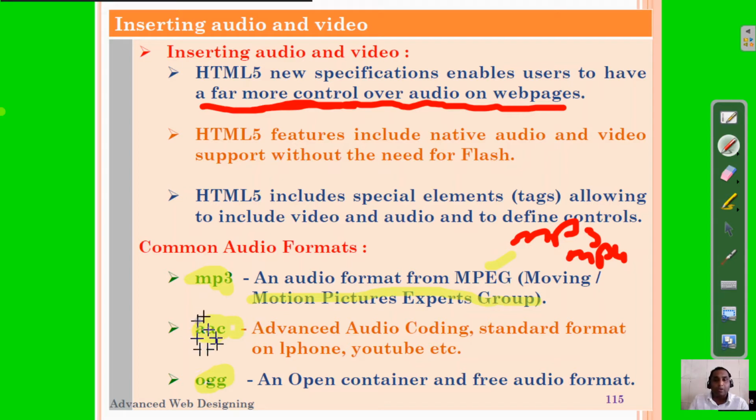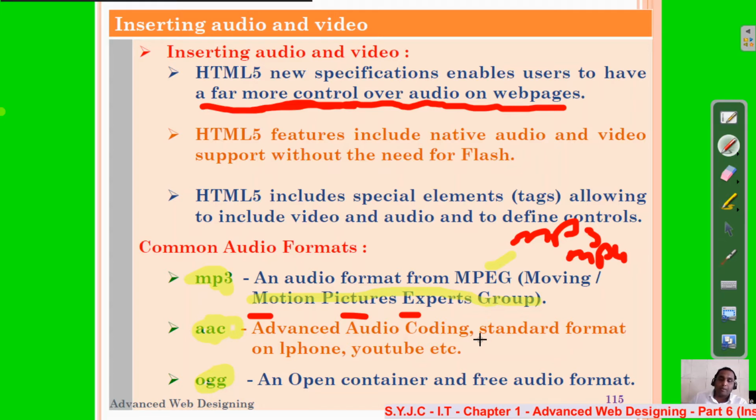Then you have AAC, Advanced Audio Coding, the standard format on iPhone and for YouTube, etc. Okay, so on YouTube, whatever videos you see, they are either in MP3 format or in AAC. Mostly people use MP3, MP4, but this is also another file format supported by the web browser.